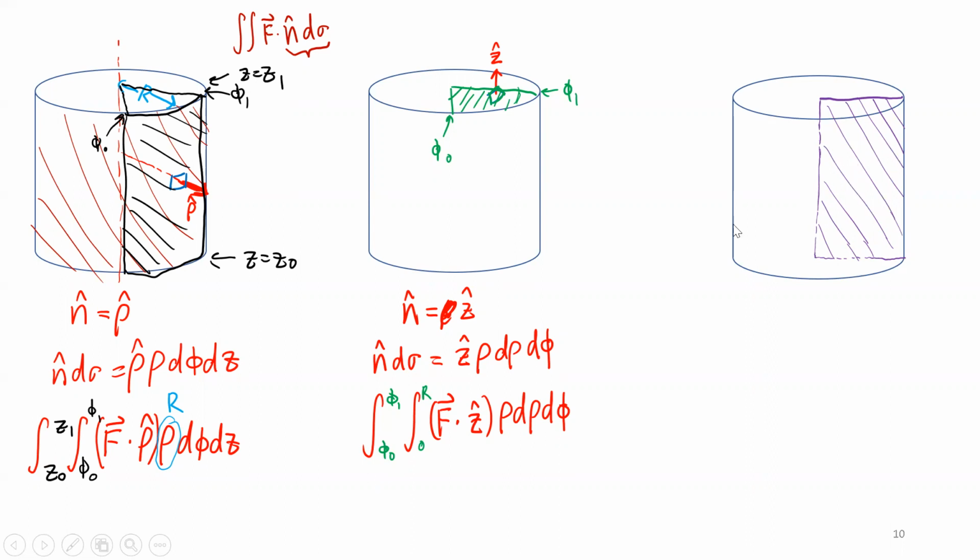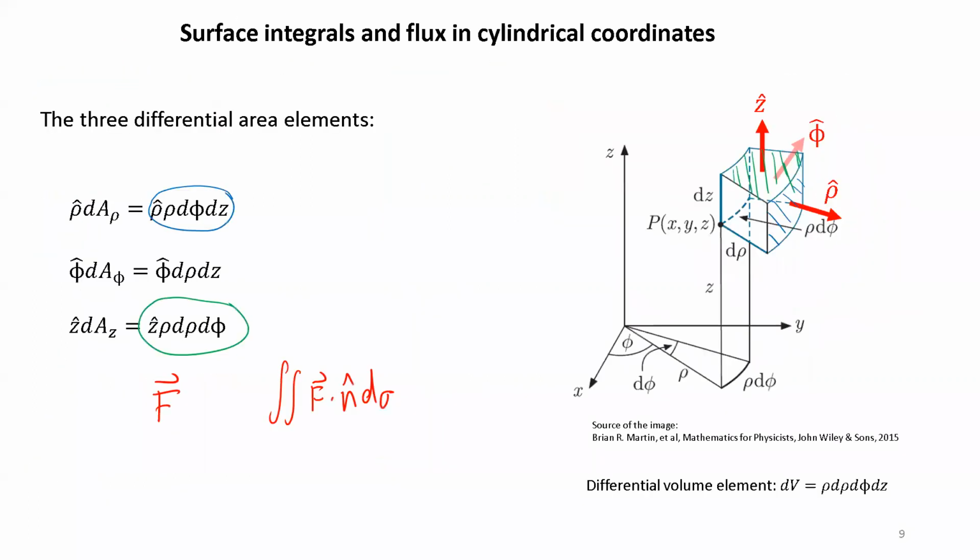So in this case, again, how do we set up the n d sigma? This time the n d sigma would be this one.